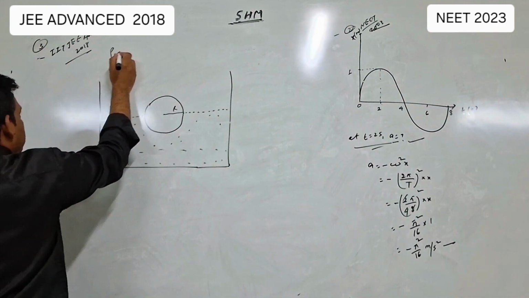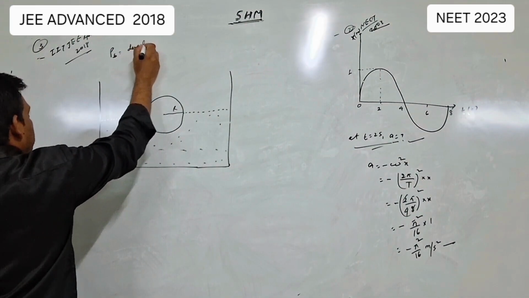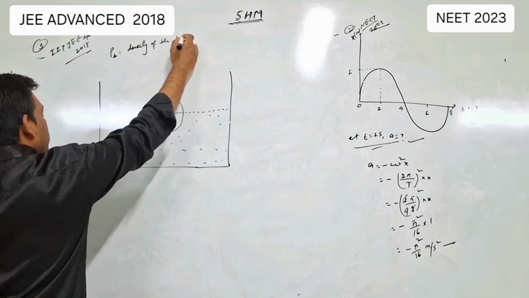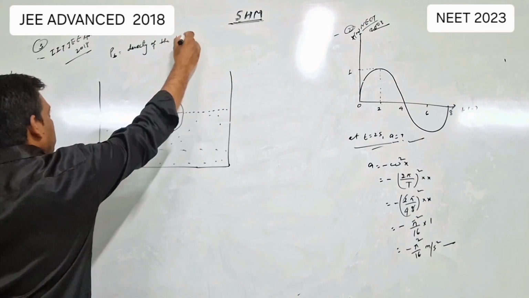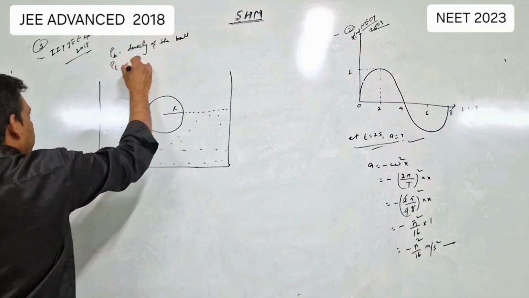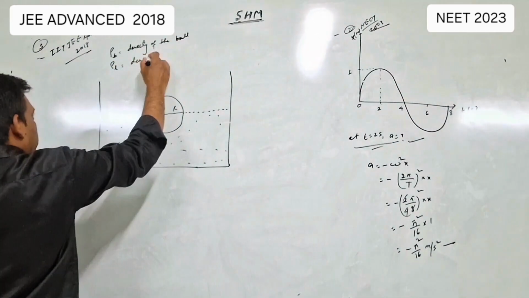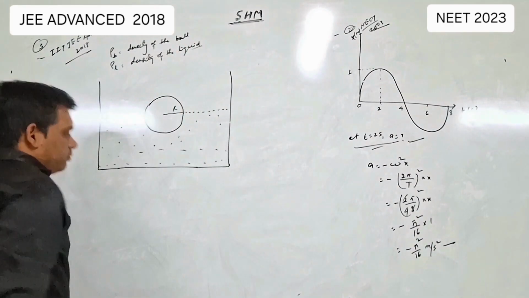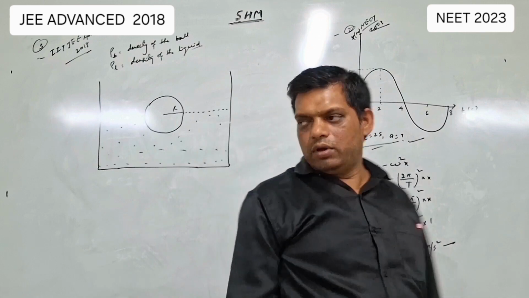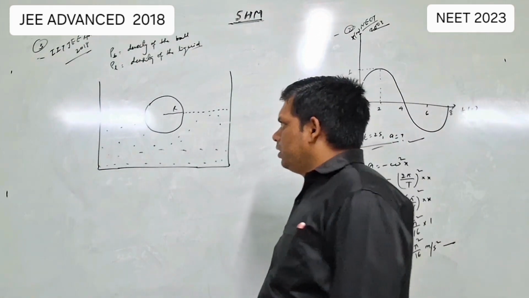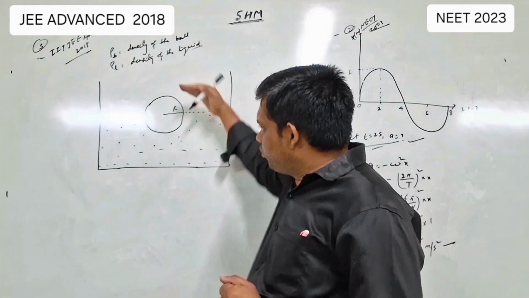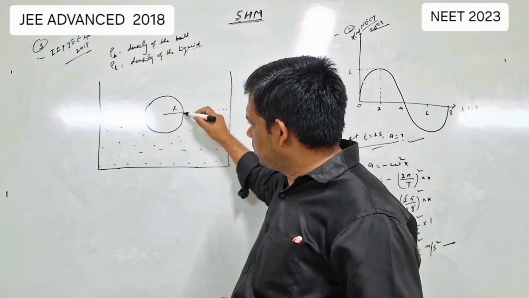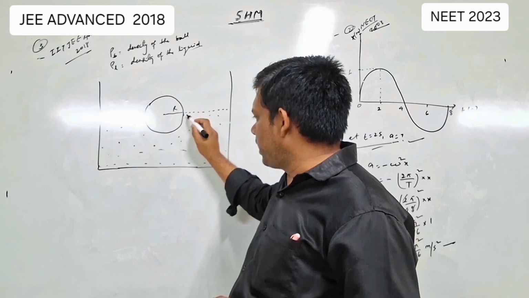Rho B is the density of the body, that is the ball, and rho L is the density of the liquid. Now this ball is gently pushed for a small extent x.